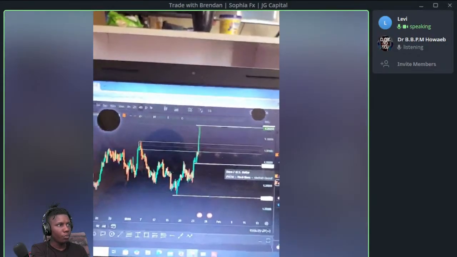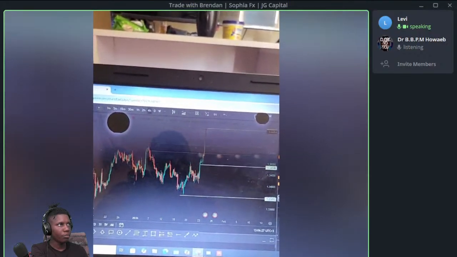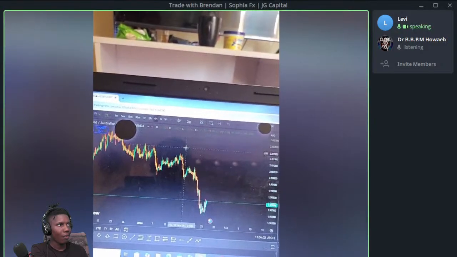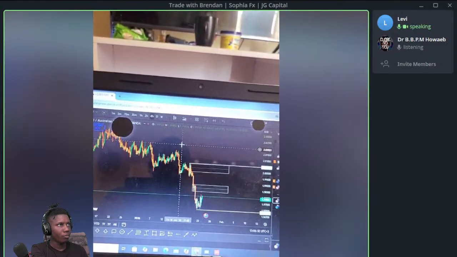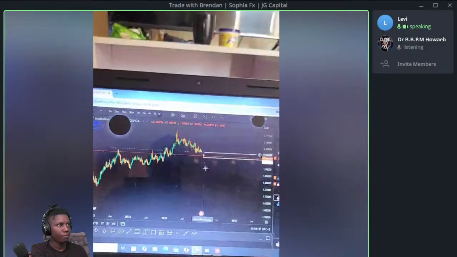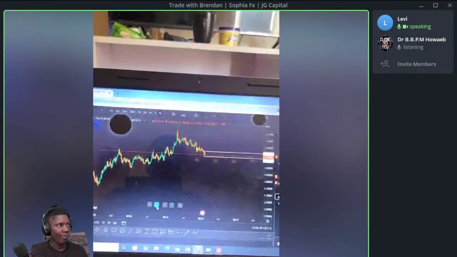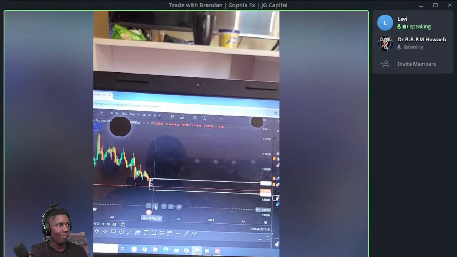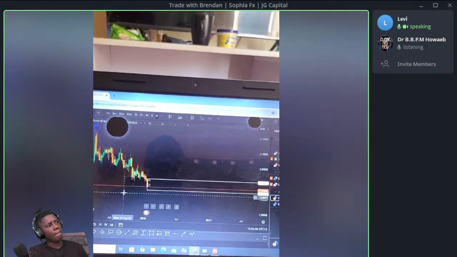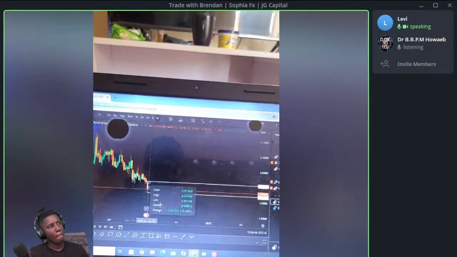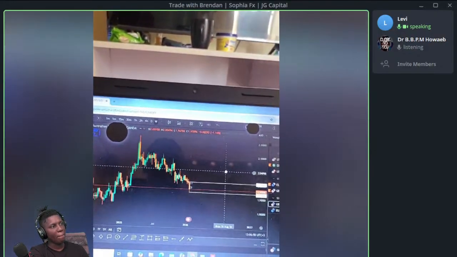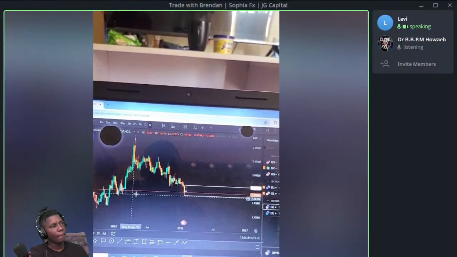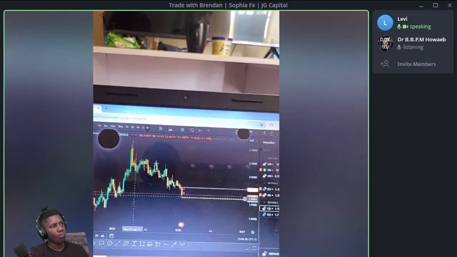Then I also always look at GBP AUD. When I look at my weekly, we had bearish momentum, as you can see. So I'll be looking for possibly to keep on selling the pair lower, but it is also at a very strong area on the weekly, so I'll be very cautious on that.